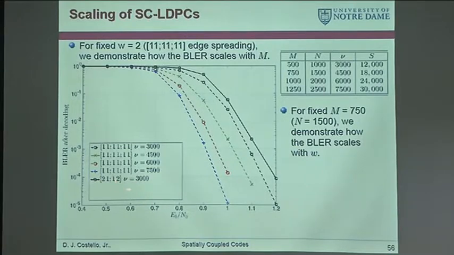Well, if we use the little w equal 1 protograph design, with the same constraint length as this, we get this performance, not quite as good as the other one that had that constraint length.